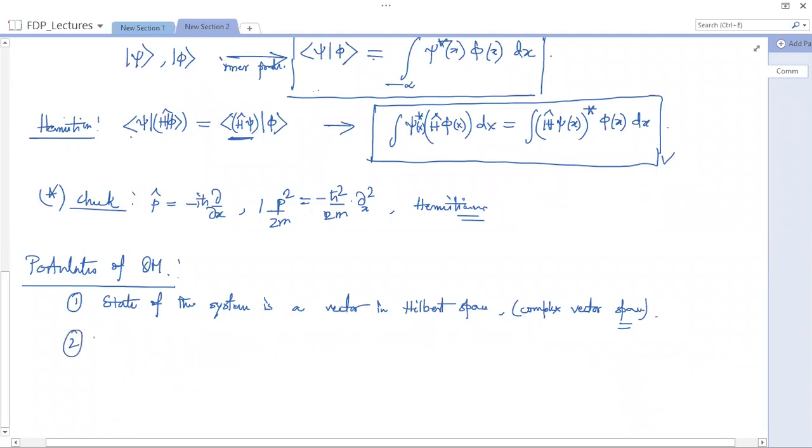And the second thing is every observable. Which are observables?